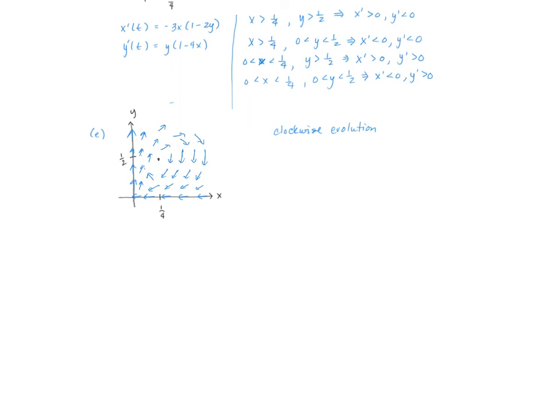So that would be the sketch of a solution curve with little arrows, but you don't need the arrows. If we wanted to identify a particular curve, we just follow our arrows and note that it's being generated in a clockwise direction, or a clockwise evolution. All right, so that's it for 9.5.